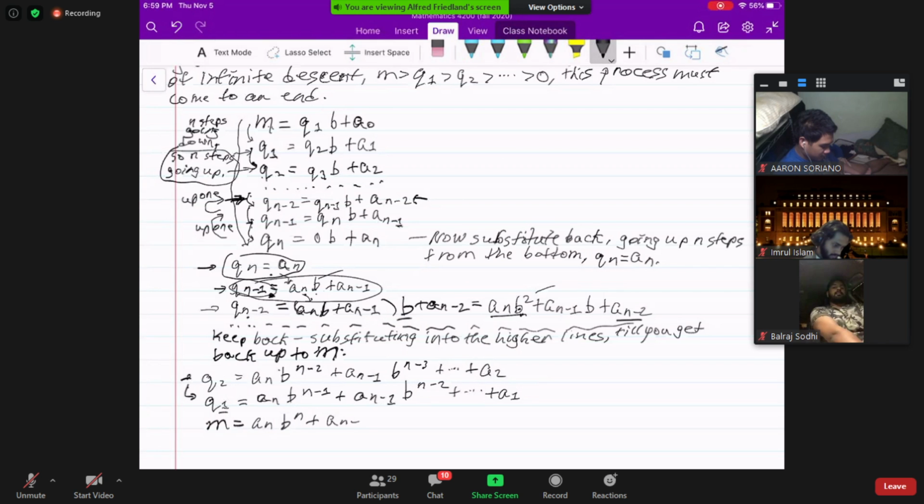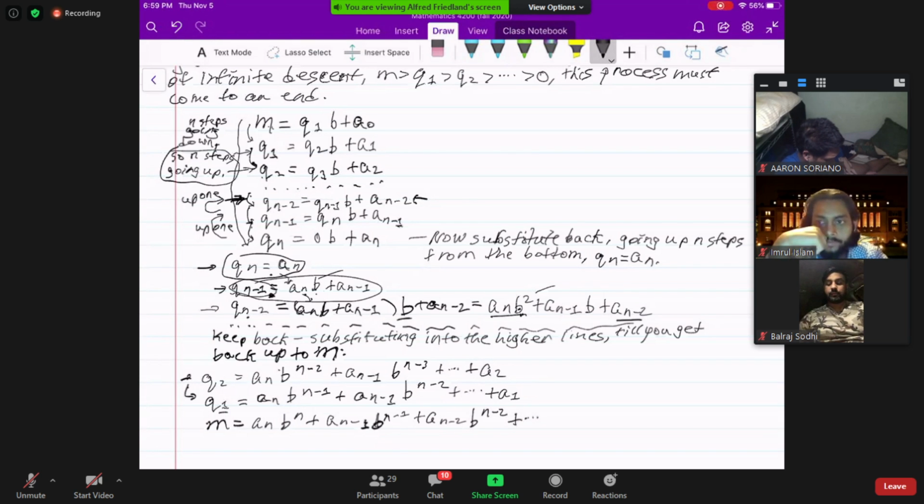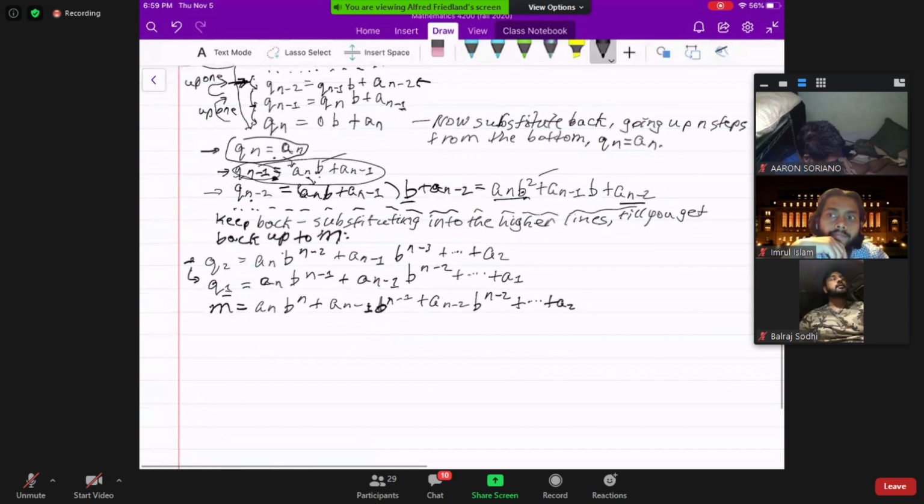And so next, we finally have A sub n B to the n plus A sub n minus 1 B to the n minus 1 plus A sub n minus 2 B to the n minus 2 plus, and this keeps on going until you get down to A sub 2 B to the 2 plus A sub 1 B to the 1 plus A sub 0 B to the 0th.